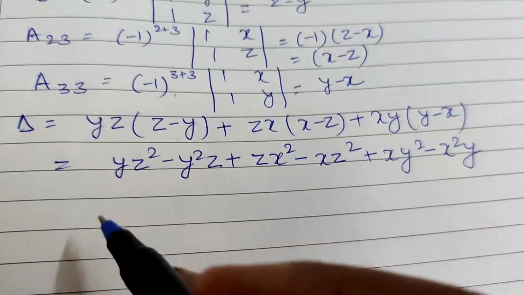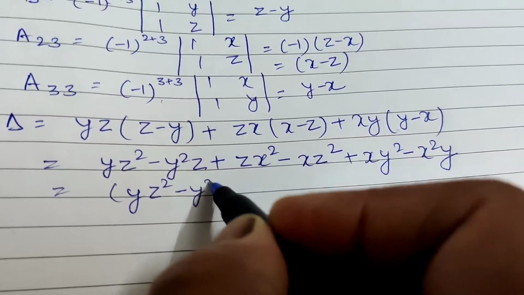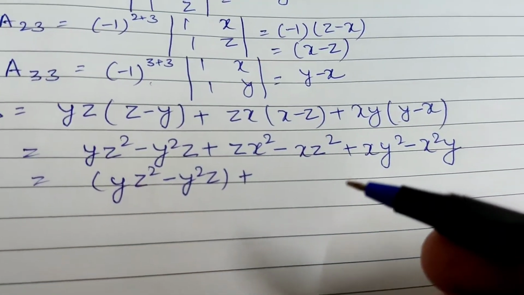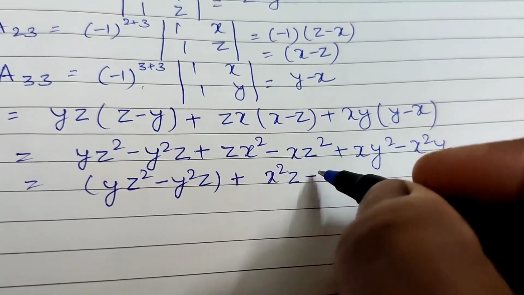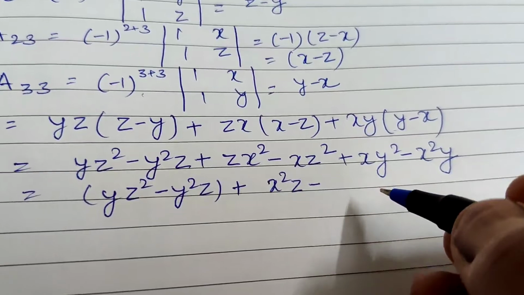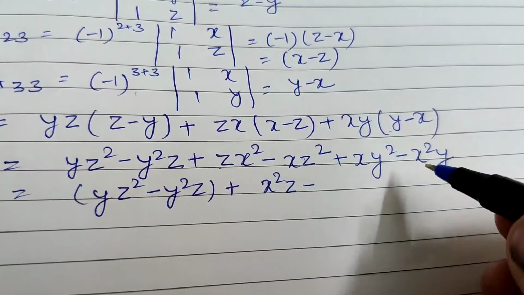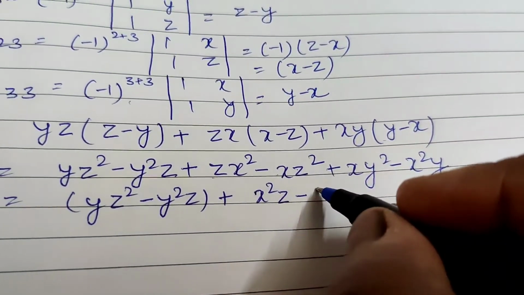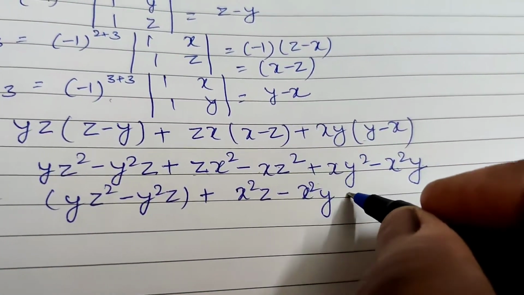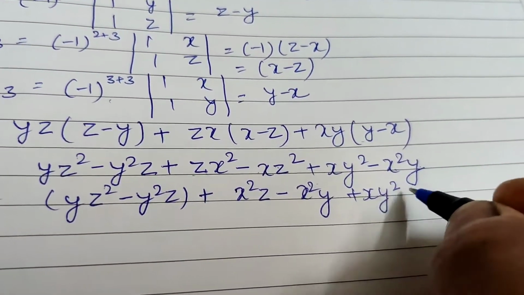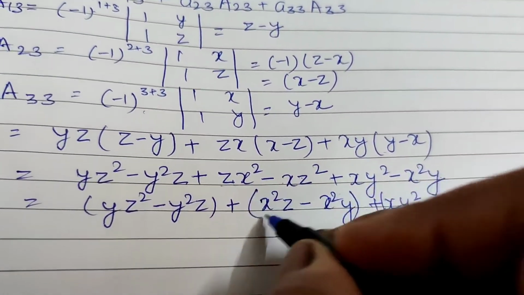Okay, now compile. First we take them in pairs. This is a pair. The next pair is x square z and minus x z square, and the next is x square y, and x y square minus x square y.